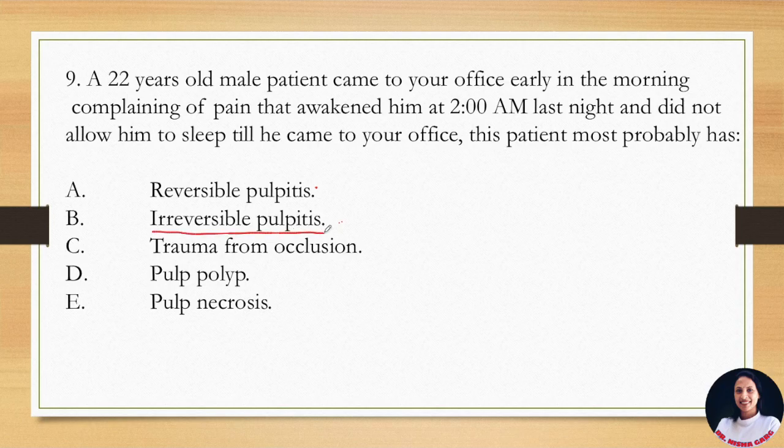In case of trauma from occlusion, the pain occurs mostly during biting only, and in case of pulp polyp, pain is usually absent. In case of pulp necrosis, pain is almost absent in most cases. So, as per the options, option B is the correct answer for this question.